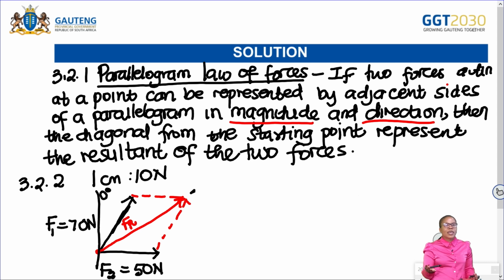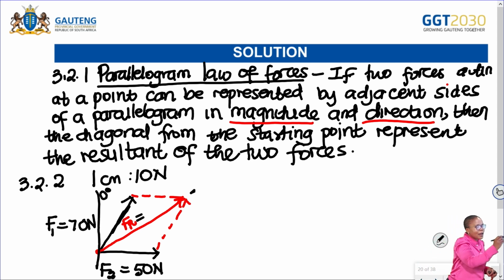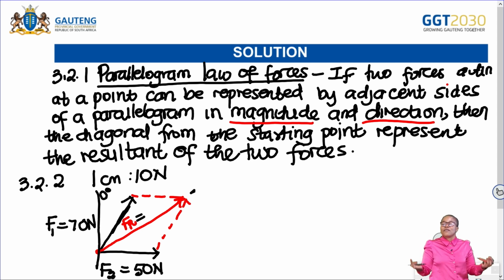Don't forget, because now you've reduced it, you've written 7 centimeters. Whatever magnitude you are getting, you also need to magnify it, because we've reduced it, to get the actual resultant force.